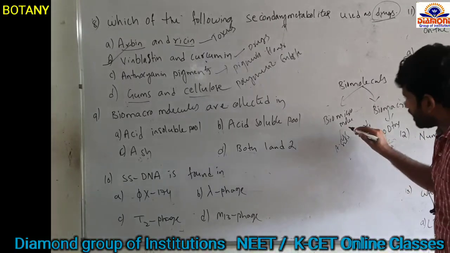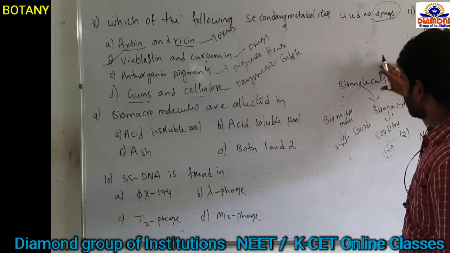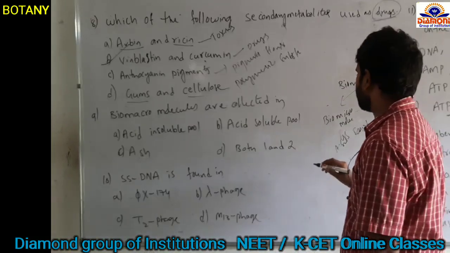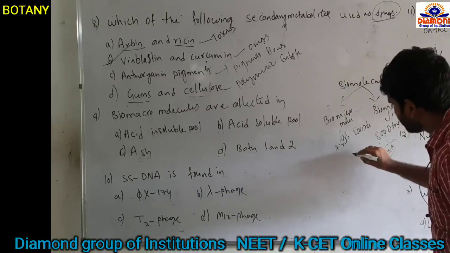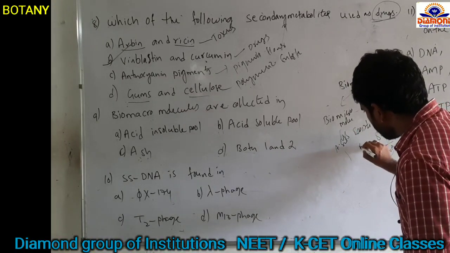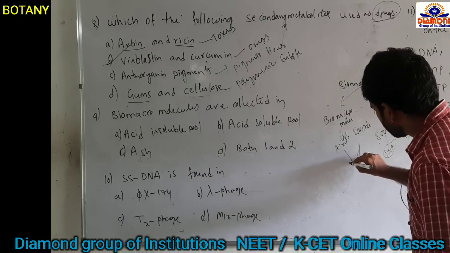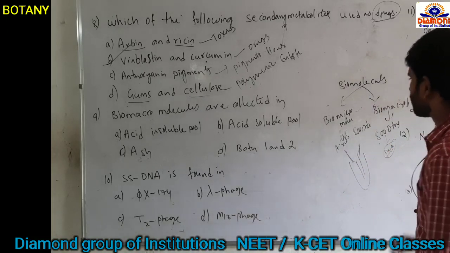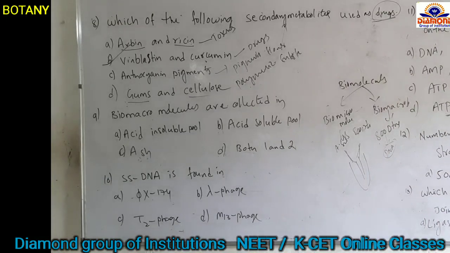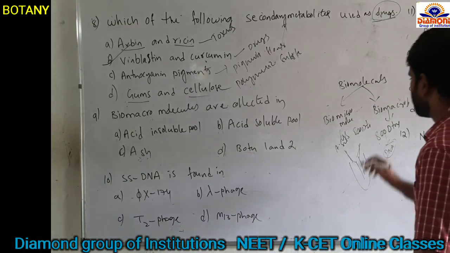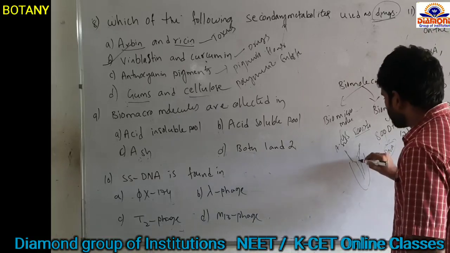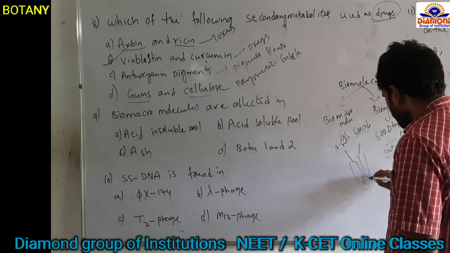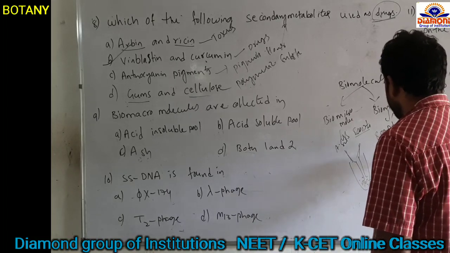Now under the biomicromolecules and biomacromolecules, we are going to collect them by filtration of these biomolecules. The small sized components, less than 800 Daltons, we collect into the test tube.